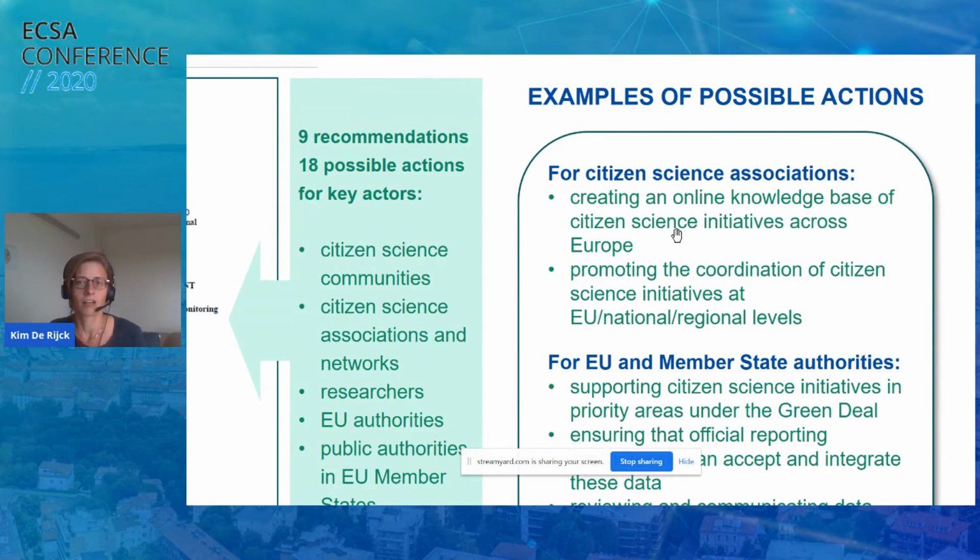This can create synergies and prevent overlap, but it's also very interesting for policy makers to know what is going on and what could be useful to tap into. They could also promote coordination of citizen science initiatives to enhance, again, the synergies and avoid overlap. And maybe some of you heard the presentation this afternoon. Such platforms are already being launched.